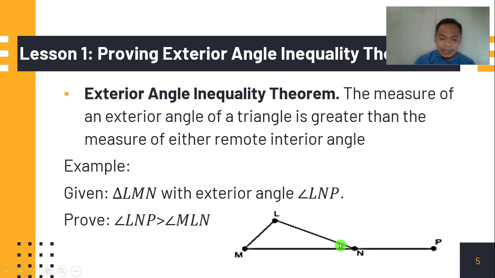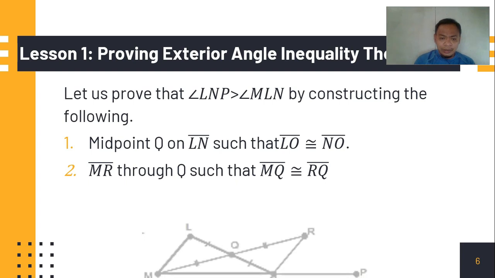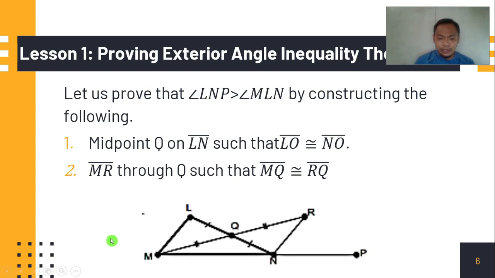This means we prove that this angle is greater than this angle. To prove that, let us prove that angle LNP is greater than angle MLN by constructing the following. The figure will become like this.